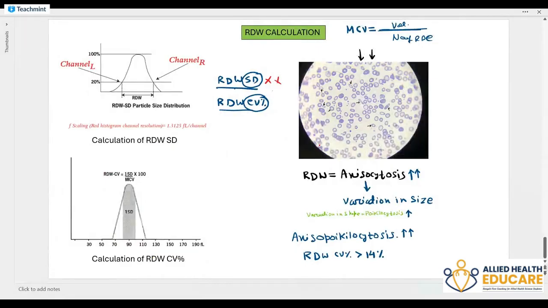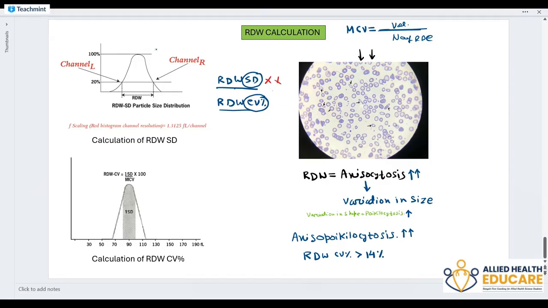So if CV percentage is bigger, then the degree of anisocytosis is also greater. If the CV is low, the degree of anisocytosis is also low. So there is a proportional relation between anisocytosis and CV percentage. If variation is high, then CV percentage is obviously high. If variation is low, then the CV percentage is obviously low.